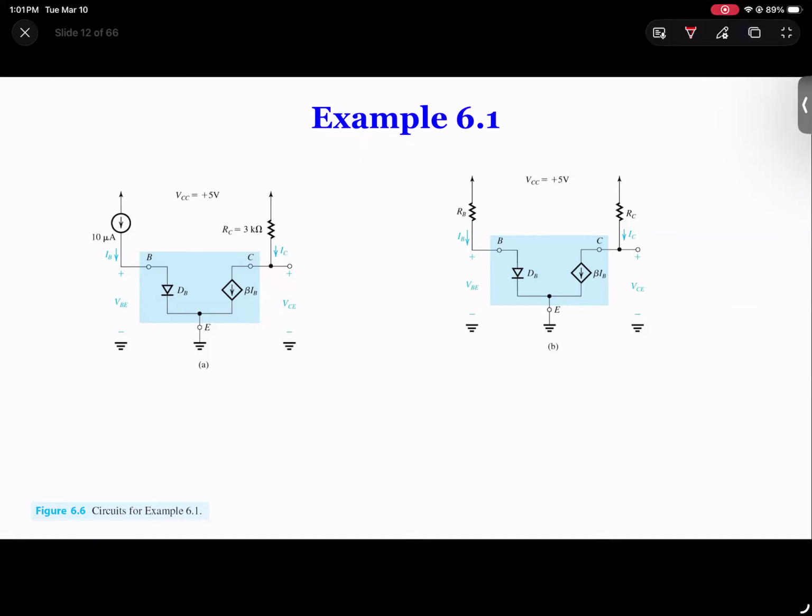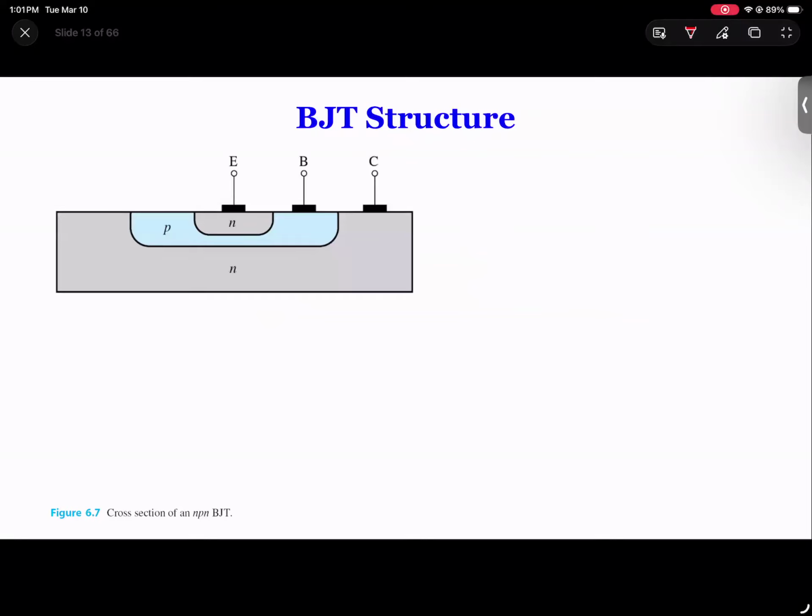And for part B, instead of the current, it's a resistor, and it gives you the same answer. Early on when we talked about this, it is very different from the way we make a MOSFET. Remember, when we make a MOSFET, we get a single piece, we dig a hole and we connect.